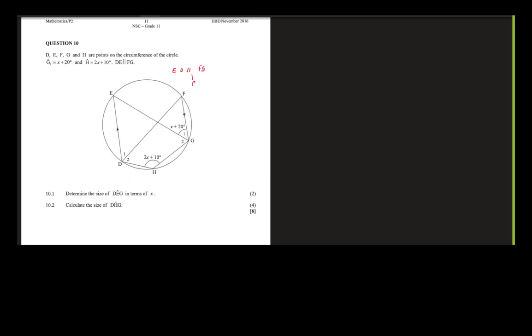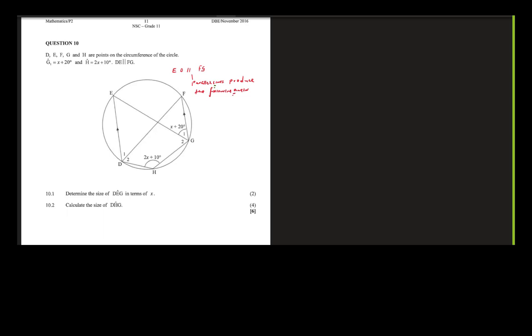So guys, parallel lines produce the following angles. Every time when we have parallel lines, we must look for these angles.